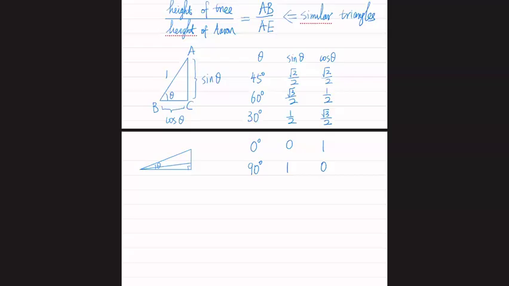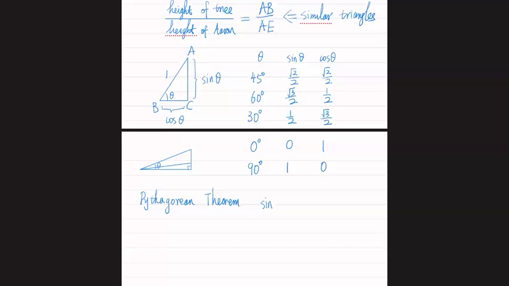Then the Pythagorean theorem. This side squared is the summation of these two squares. We get sine squared theta plus cosine squared theta equals 1.